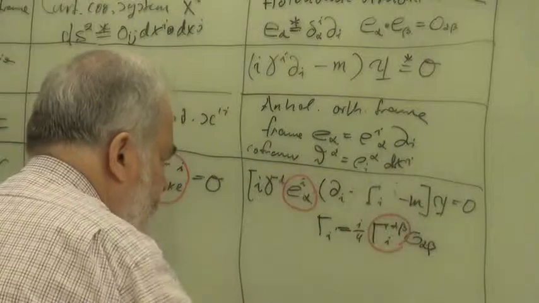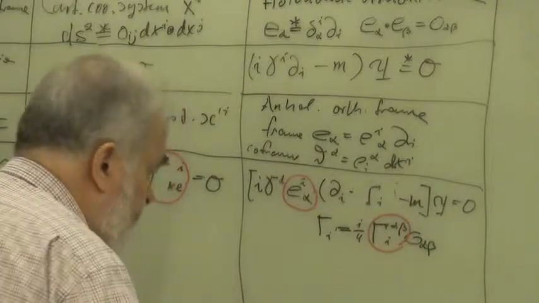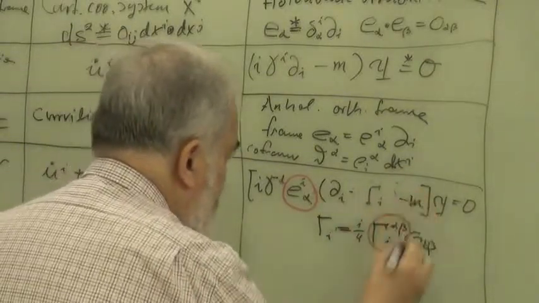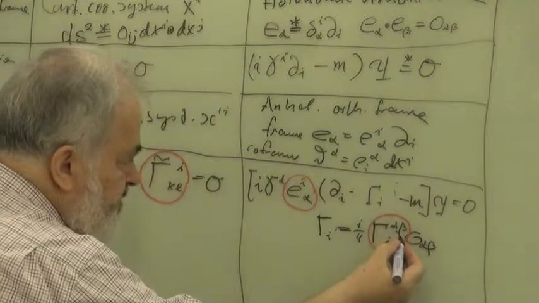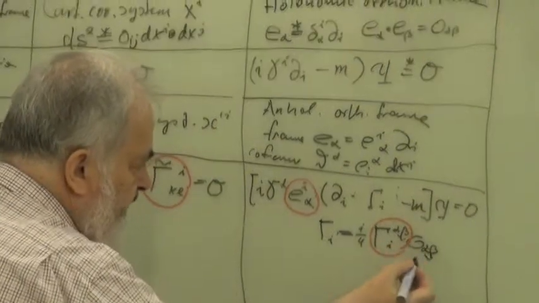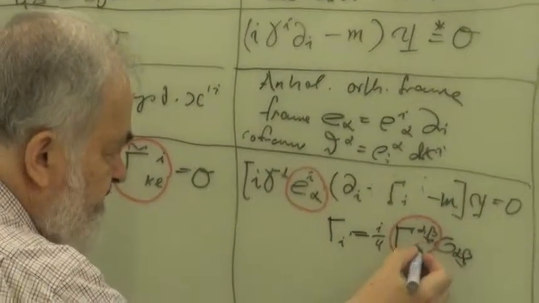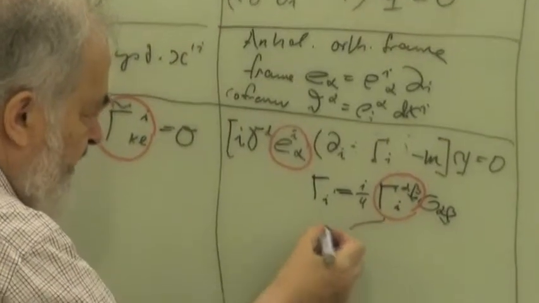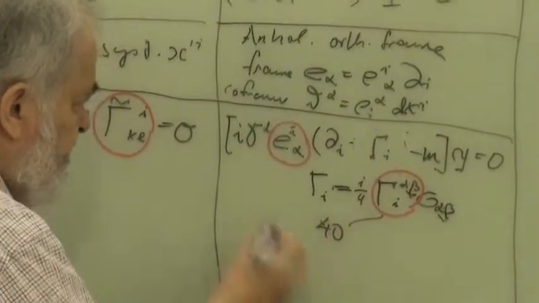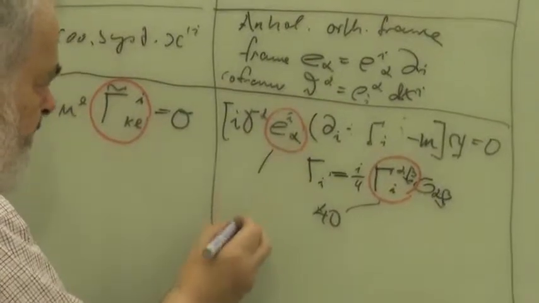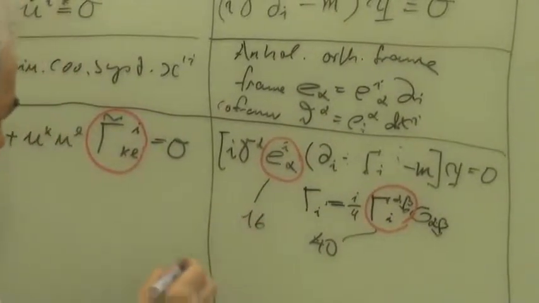I think it's clear if I do it this way. You can see that this is anti-symmetric because the sigma matrices are anti-symmetric. So these are 6 times 4, so these are 24 components. And this is 4 times 4, these are 16 components.